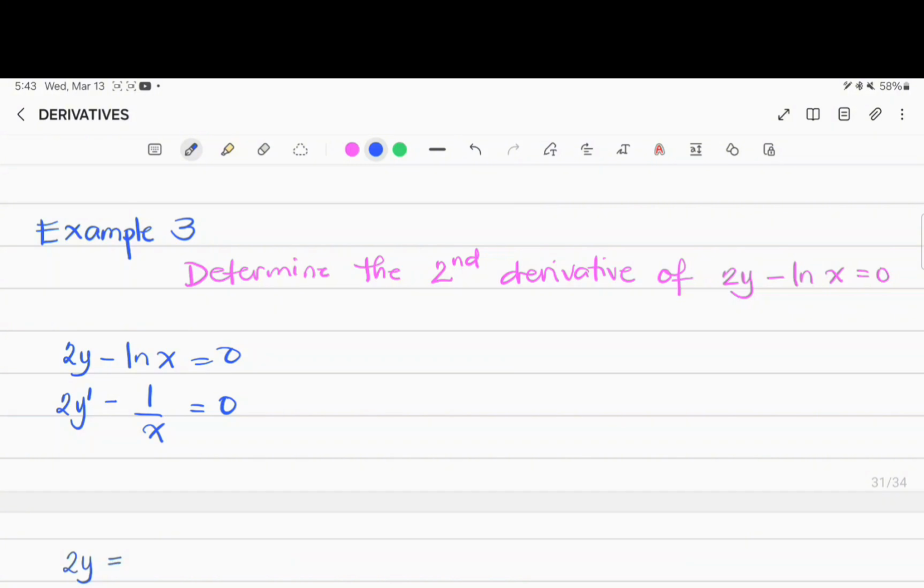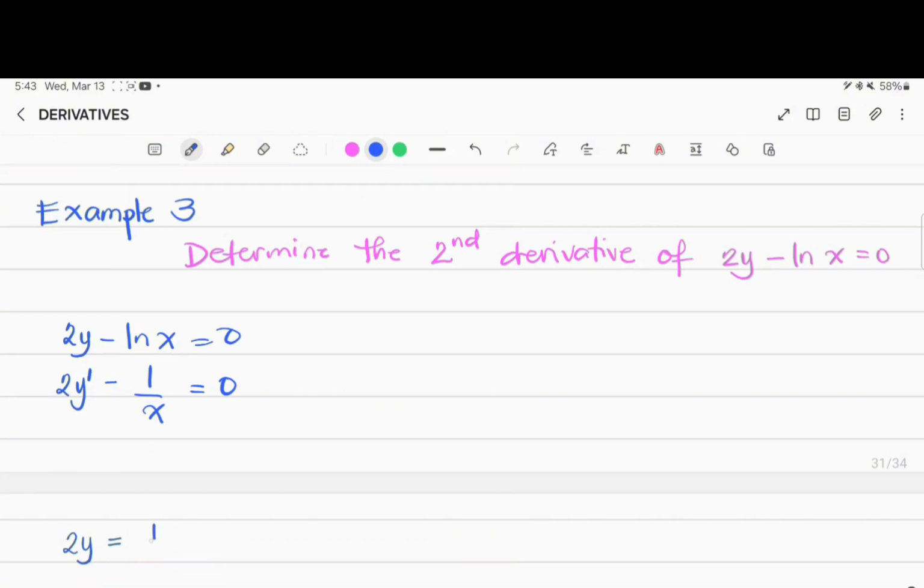As we isolate y prime, it will become 2y prime. We use the commutative property of equality by addition, and negative 1 over x will be written on the right side of the equation with positive sign. So this is 2y prime equals 1 over x. As we isolate y prime again, we have to remove 2 there. So we use the commutative property of equality by multiplication.